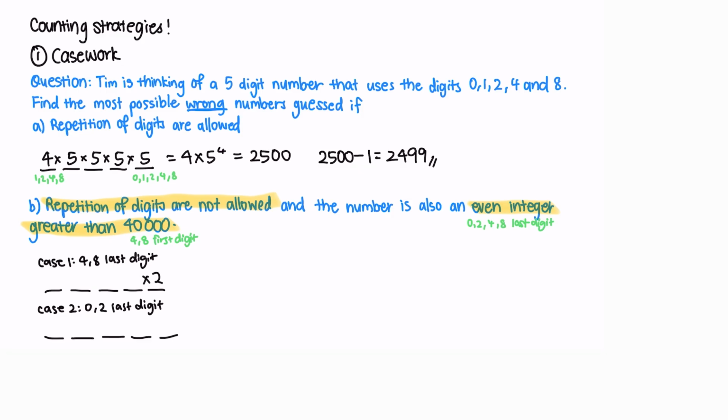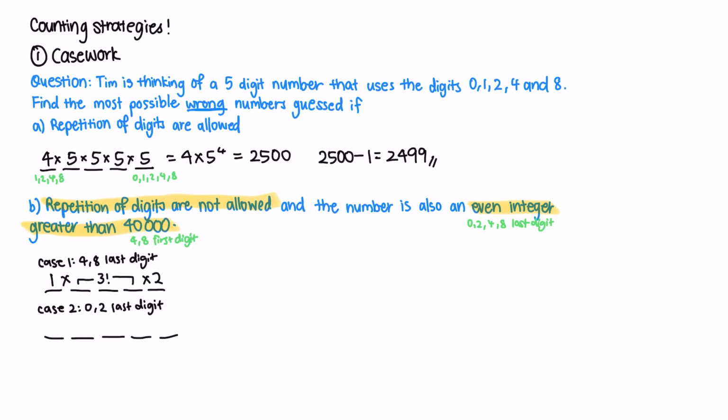And then, if we are choosing 1 of 4 and 8 as the last digit already, that means for the first digit, we only have one possible way left. So your first digit is just 1 times the rest. And for the rest of the digits, we can just choose any of the 3 remaining digits from 0, 2, and 1. So the rest of this would just be 3 factorial.